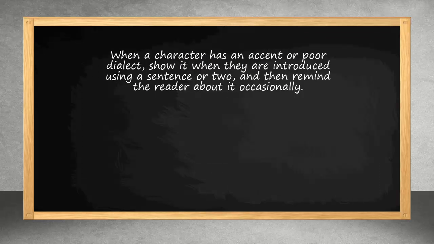You don't need to show their poor dialogue in every sentence. It gets difficult to read after a while, and the reader gets tired. So just remind the reader of it once in a while. Sometimes all it takes to remind the reader of the poor dialect is just a sentence that says the character had to think a minute about what they said.